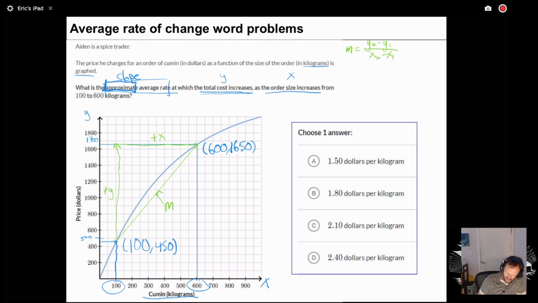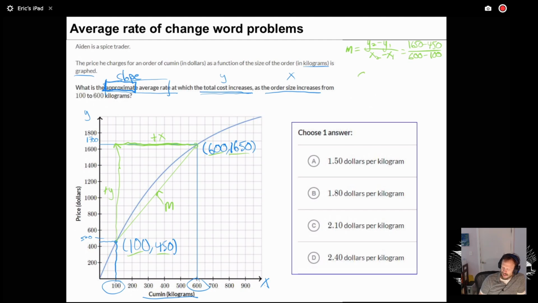So we take the difference from 1650 to 450, that's y2 minus y1, over the change in x, 600 minus 100.